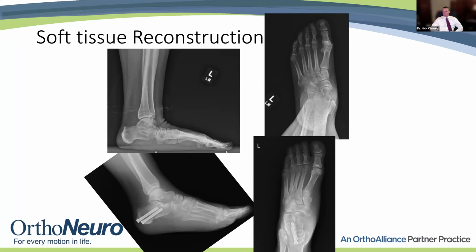Hammer toes have a tendency to be tricky, and I think it's because if we don't address how the weight is hitting the foot, those toes can want to drift and move even after you fix them. A hammer toe, again, is not a problem all by itself. It's part of a bigger issue. And so typically, if you rebalance the weight on the foot, the hammer toes typically don't change.